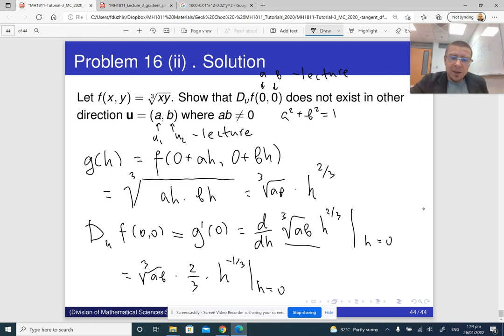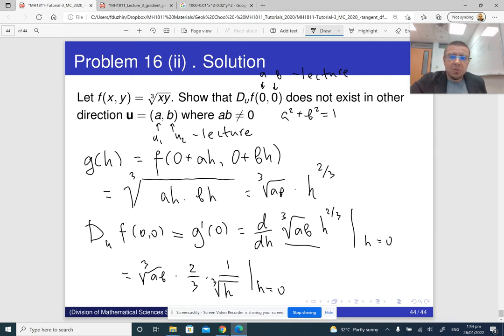But h to the power minus 1/3 is essentially division by h to the power 1/3, and the power 1/3 is just the cube root. So you can rewrite it as 1 over the cube root of h.